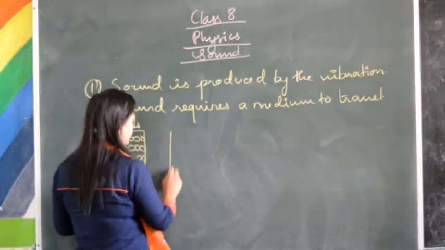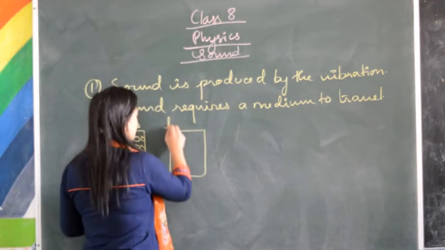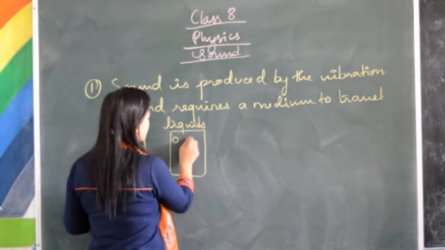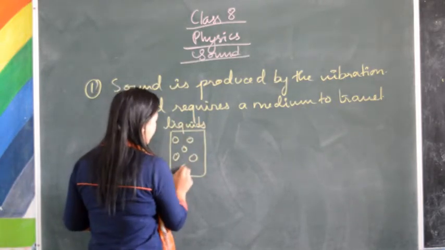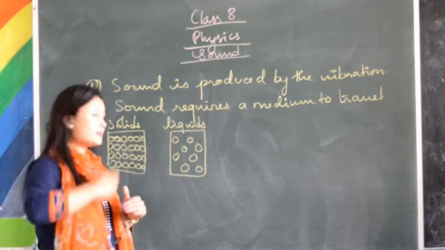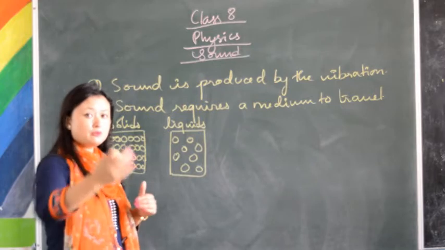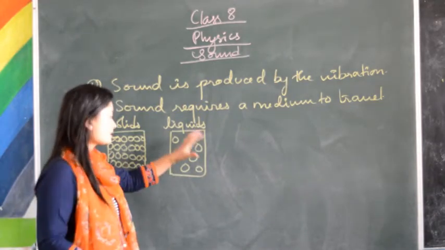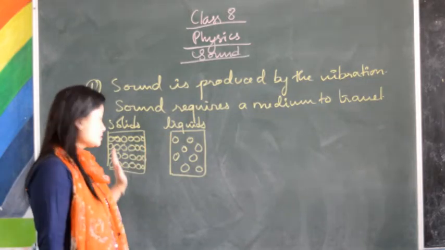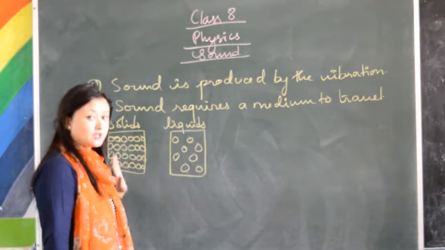Now, in the case of liquids, the speed of sound becomes a little bit lesser because the particles are far apart. So they take time. They need lots of energy to vibrate, and when they vibrate, they touch the other particle. Therefore, in solids, the speed of sound is maximum.